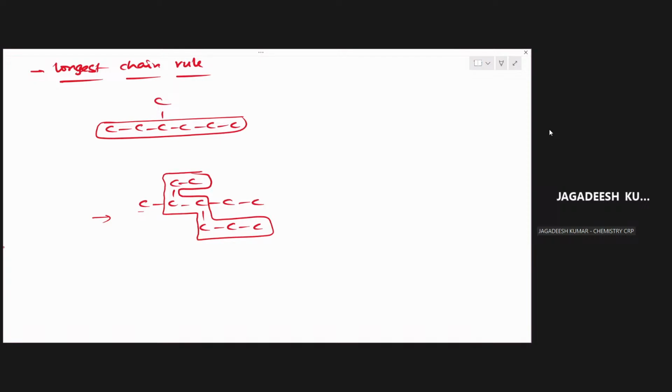If you consider this chain, 1, 2, 3, 4, 5, 6, 7, it is continuous because it goes like this. You should not come back again when you go in one path. So we are getting 7 carbons here. I think this is the longest possible continuous carbon chain. So this is about how to select the longest chain.